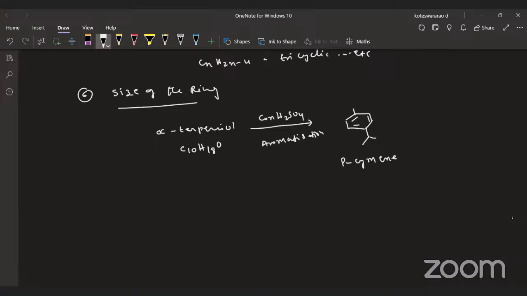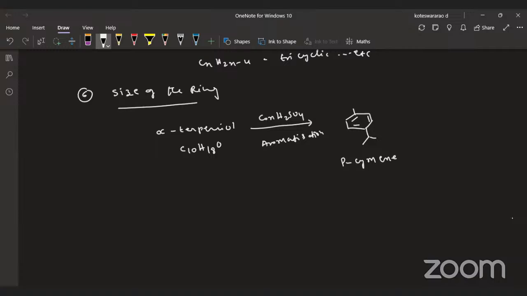The generation of paracymene indicates that the monocyclic system is a 6-membered ring. In that, alpha terpinol is also having a methyl and isopropyl group. These methyl and isopropyl groups are substituted on the 6-membered ring in a 1,4 position relationship.